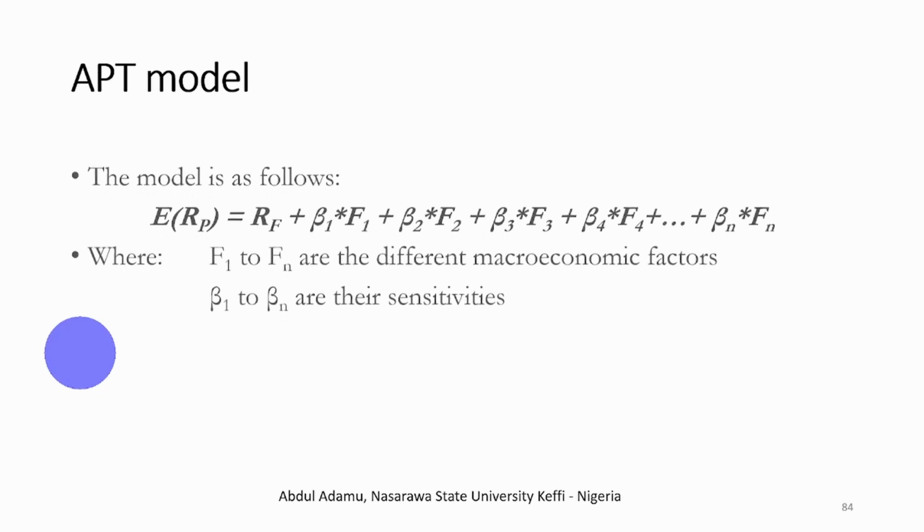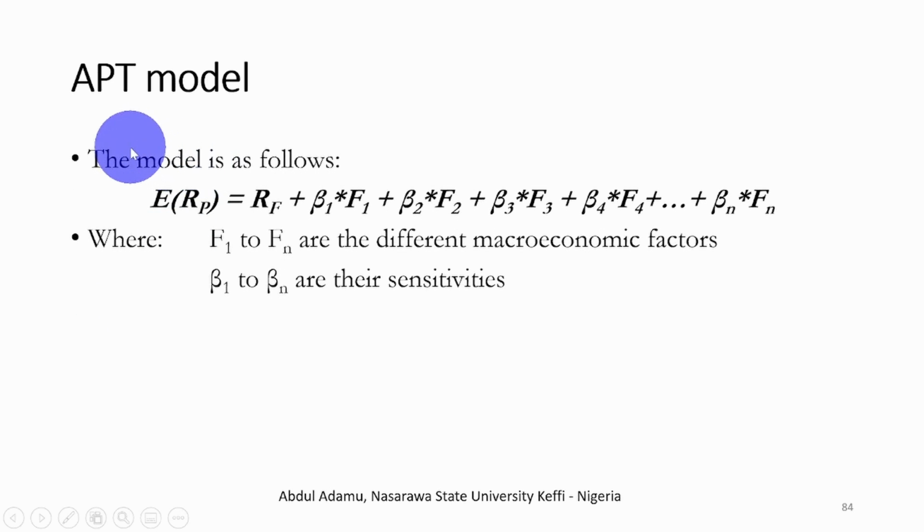return. So the model for arbitrage pricing theory is: the expected return of the portfolio is equal to the risk-free rate, plus beta 1 of the first factor, beta 2 of the second factor, like that. All the factors with their sensitivities.